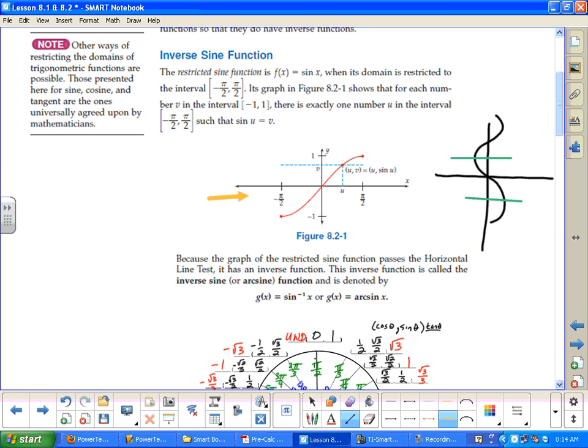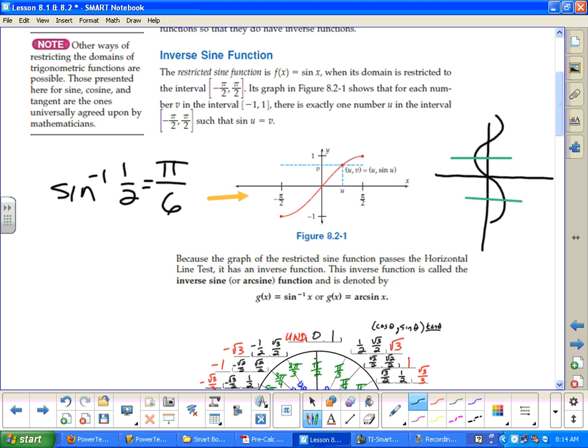Any answer you get for the inverse sine has to be between negative pi over 2 and pi over 2. So if I was going to do the inverse sine of 1/2, that would be pi over 6, because the sine of pi over 6 is 1/2.